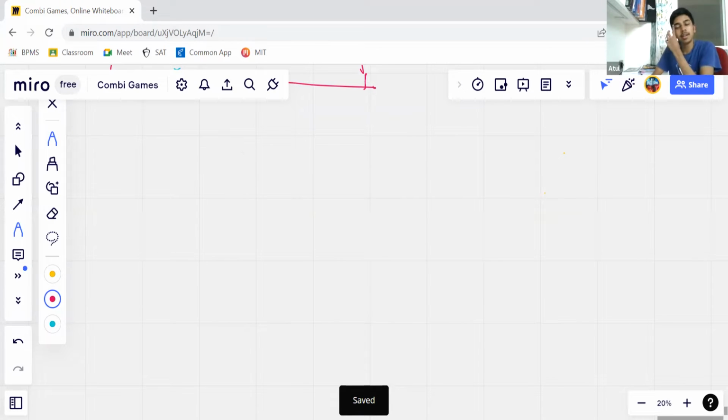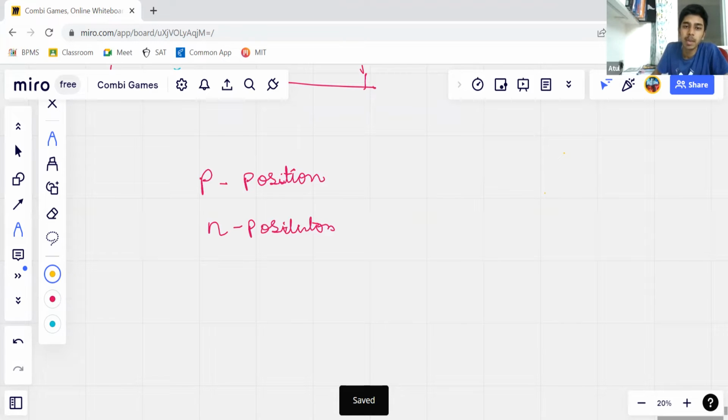So based on that, we're going to classify any configuration as one of the two. We'll either call it a P position or we'll call it an N position. If it's a P position, it means the player who just played wins.